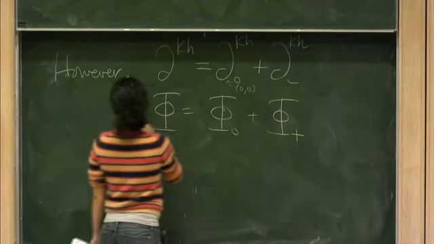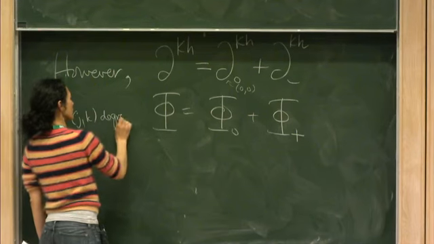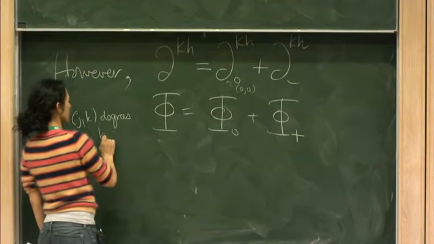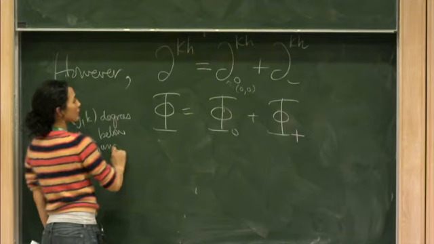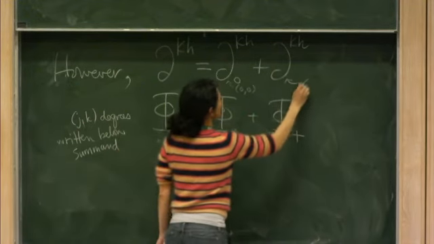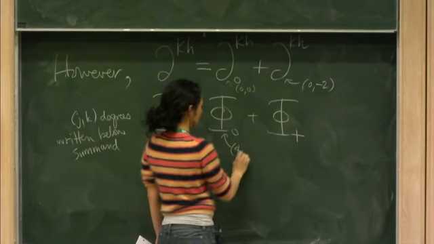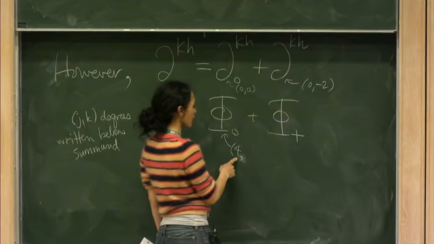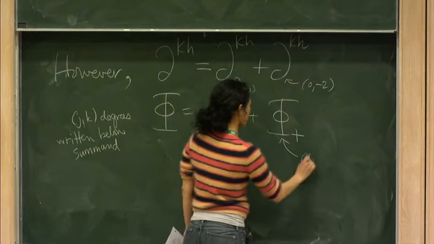So these are the JK degrees written below the summand. This is 0, minus 2. So we already said that each of these was degree 4 with respect to the J grading, and one of them is degree 0 with respect to the K grading, and the other is degree 2.